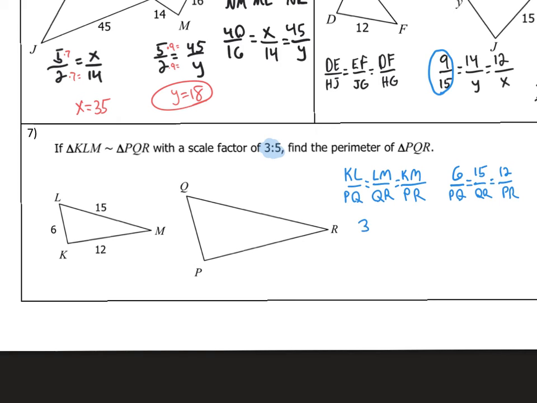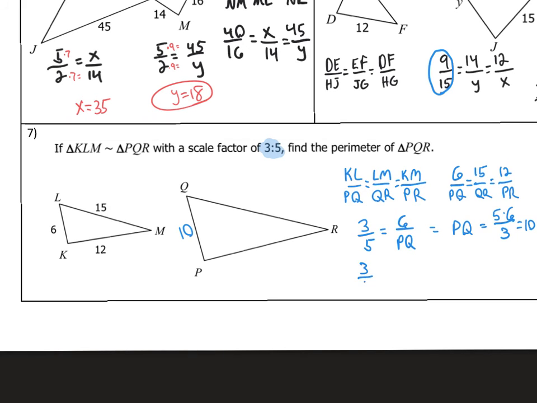So 3/5 equals 6 over PQ. And so PQ will equal 5 times 6 over 3, which is 5 times 2, which is 10. So PQ is 10.